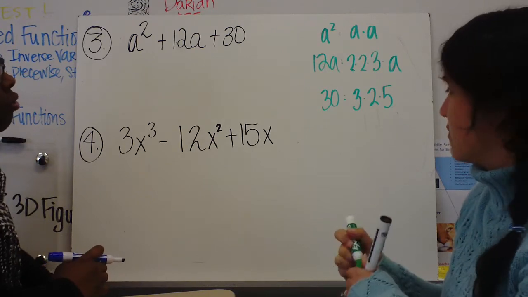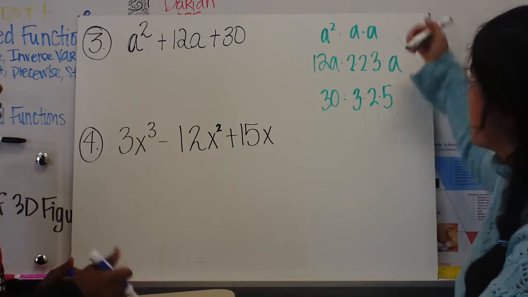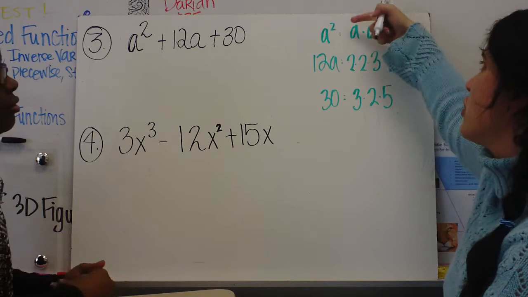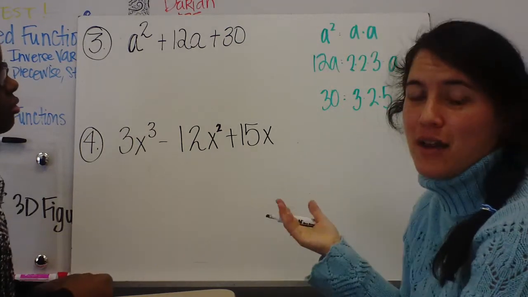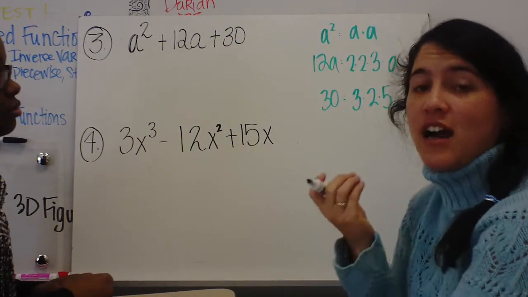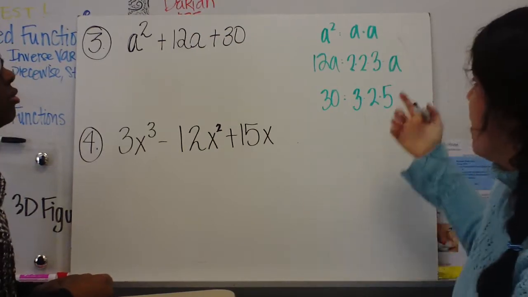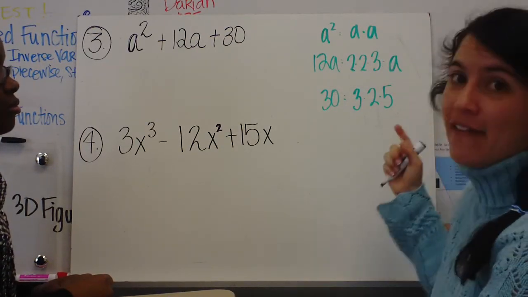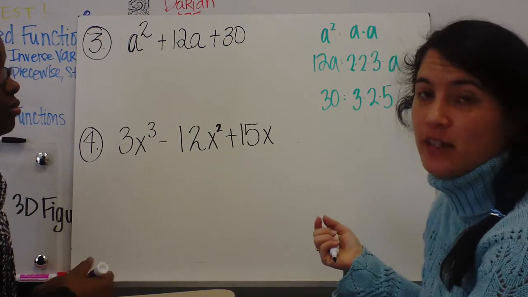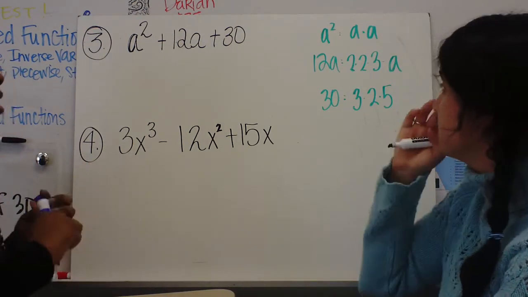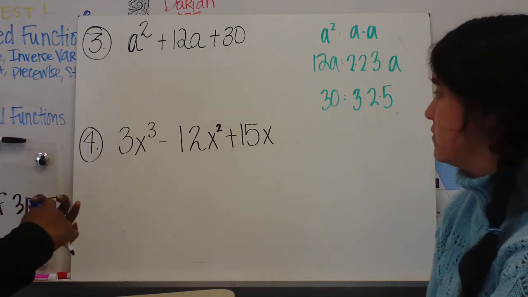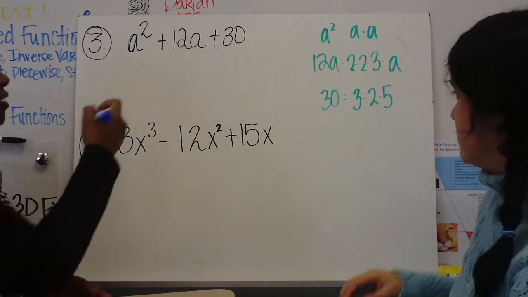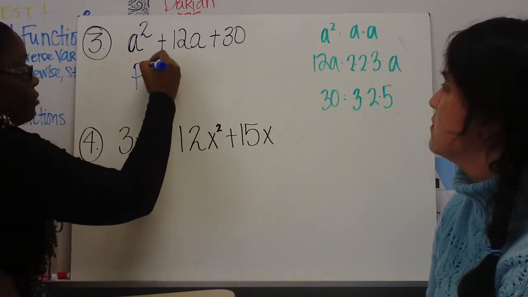Alright, so what do all 3 of them have in common? So first you look at the numbers. A squared doesn't have any numbers, so they don't have any constant numbers in common. So then we look at the variables. We have 2 A's, we have an A, but down here we don't have any A's. So they actually don't have any variables in common. So when you have nothing in common that all 3 have, that's called prime.